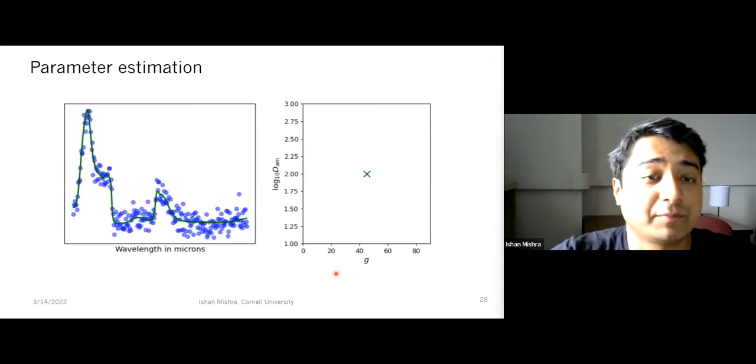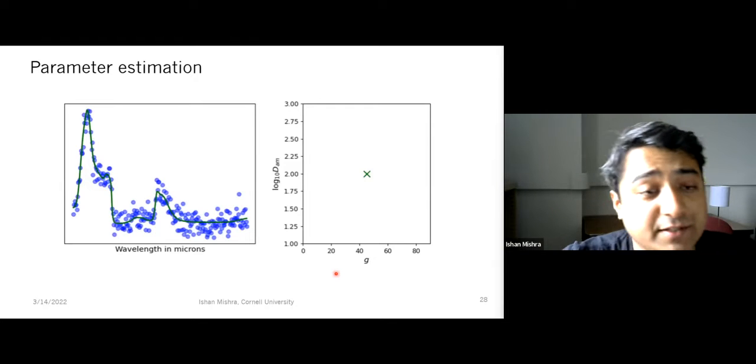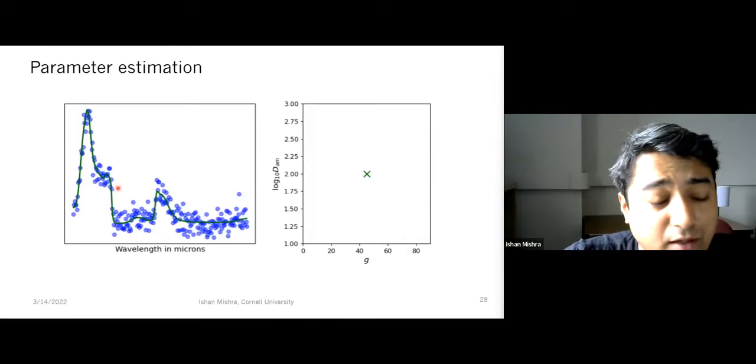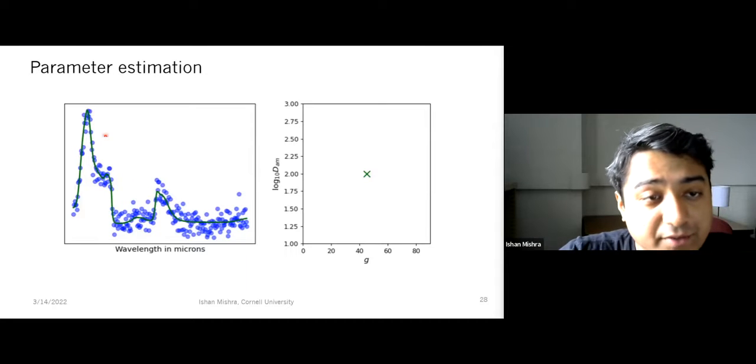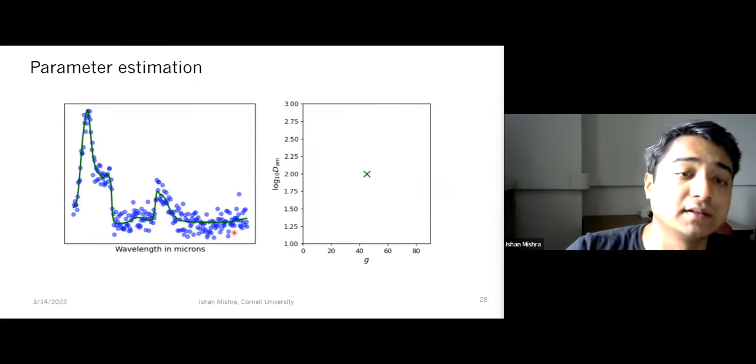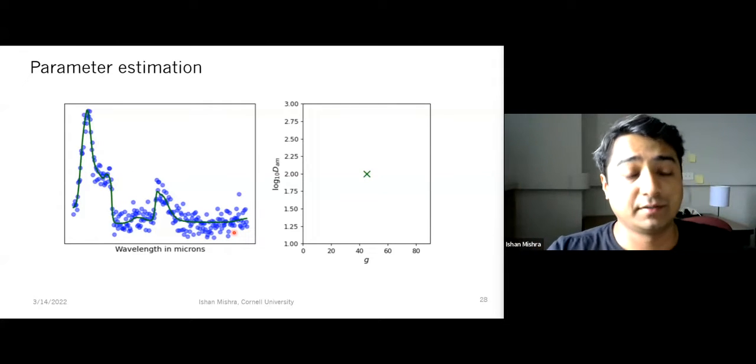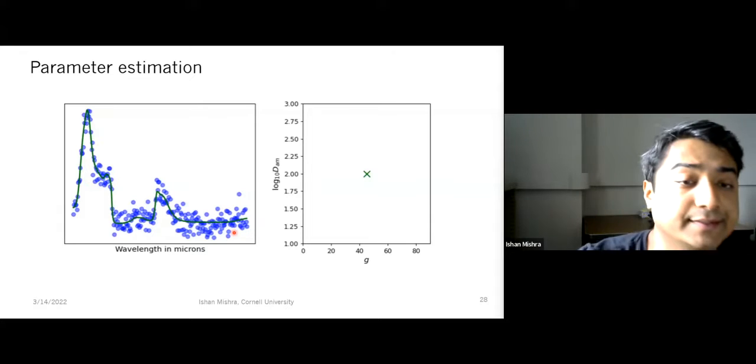So a quick example for parameter estimation. Imagine that you have a reflectance data set shown here in blue, and the green model is the best fitting model, or in Bayesian parlance, the maximum likelihood model.